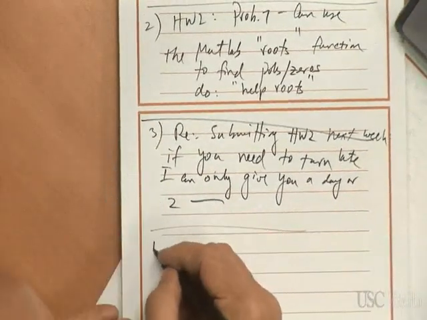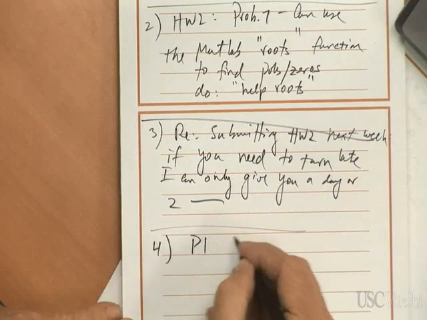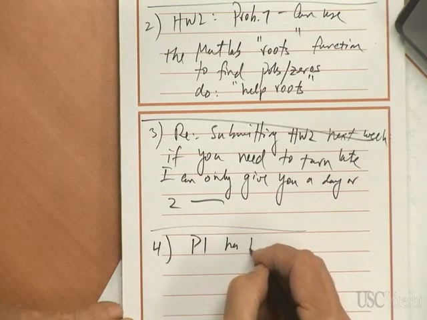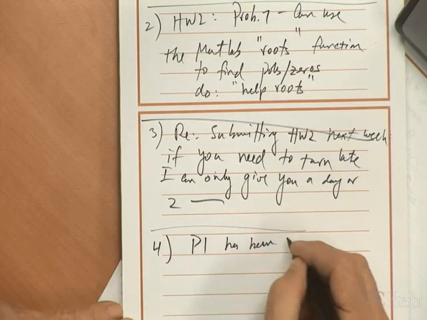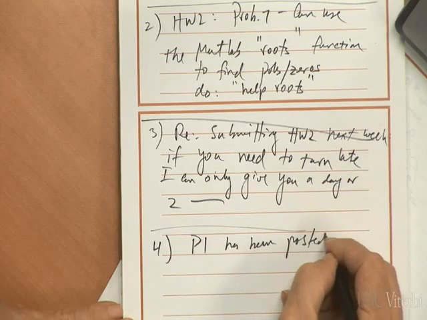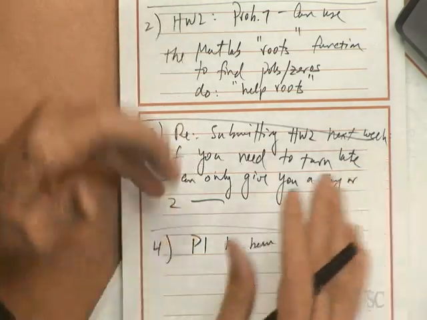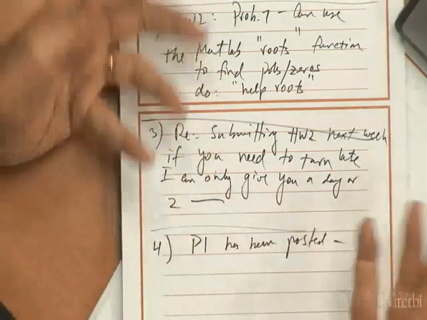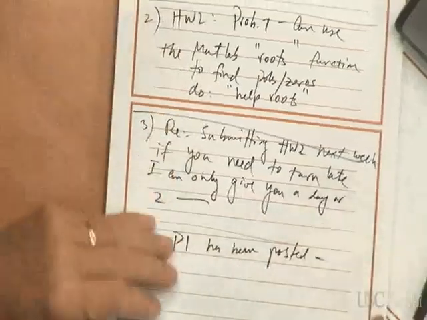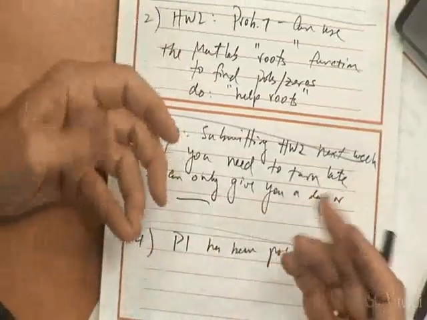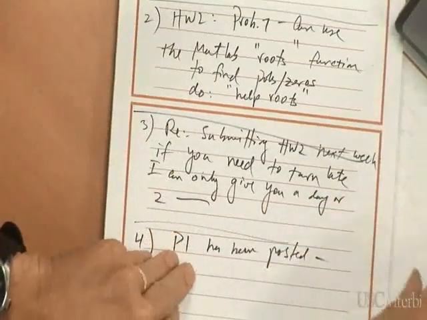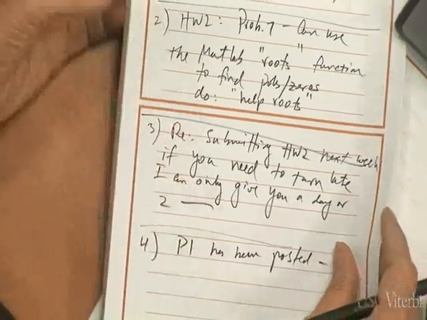And number 4, project 1 has been posted. In case you didn't see it, I encourage you to take a look at it. There are a lot of pieces to it, and you might wonder what happens if you can't make it on time. You can get an extension, but there's a lot, so you'll get backed up pretty quick.